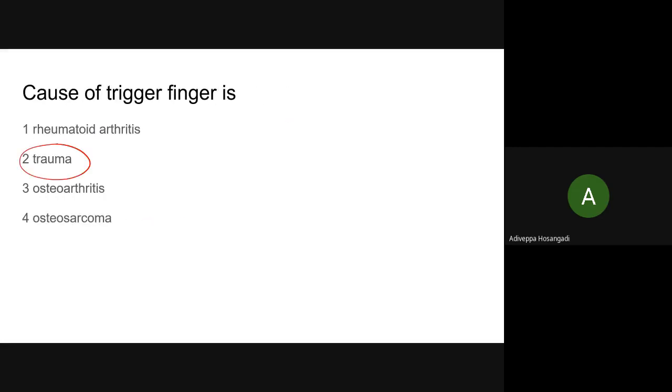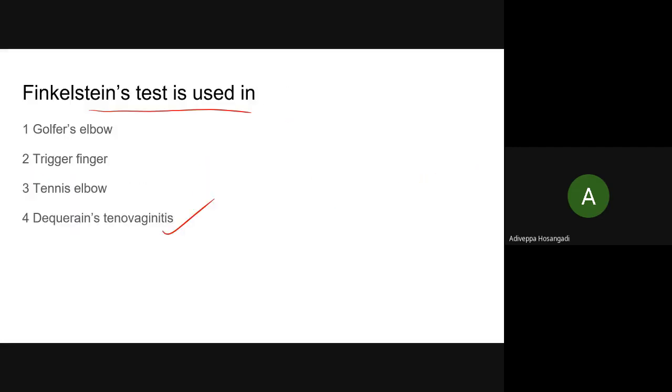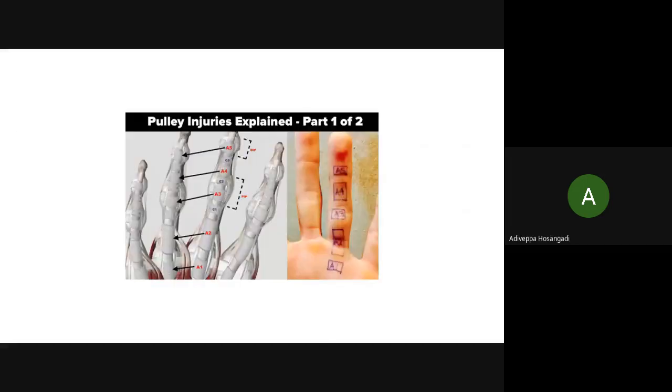Before that, trigger finger, for that I will again go to this slide. This is a flexor tendon, isn't it? This is a pulley. There's a long flexor tendon here, covered by a tendon sheath, isn't it? These pulleys are nothing but thickening of the tendon sheath.